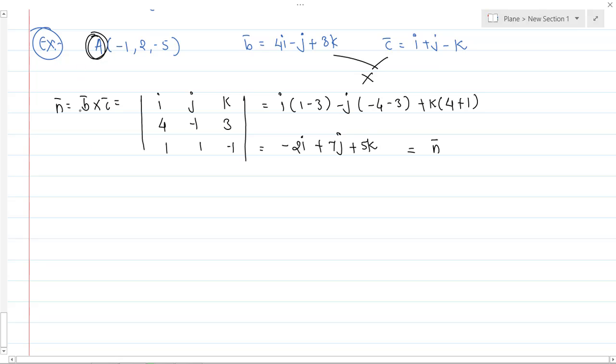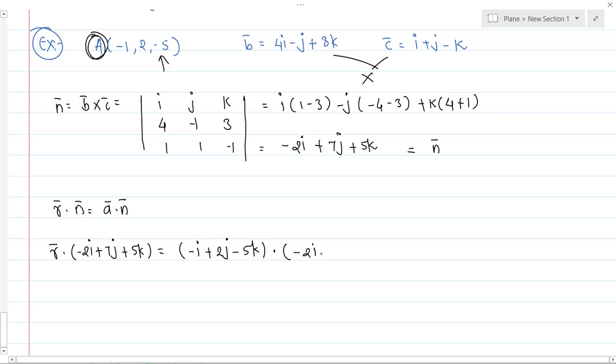एक पॉइंट पता है, the point A is known. ओके, परफेक्ट. So r bar dot n bar is equals to a bar dot n bar. Okay, so r bar dot, keep the n bar minus 2i plus 7j plus 5k, which is equals to, I am writing the position vector of this point A, it's minus i plus 2j minus 5k, dot n bar, which is minus 2i plus 7j plus 5k.